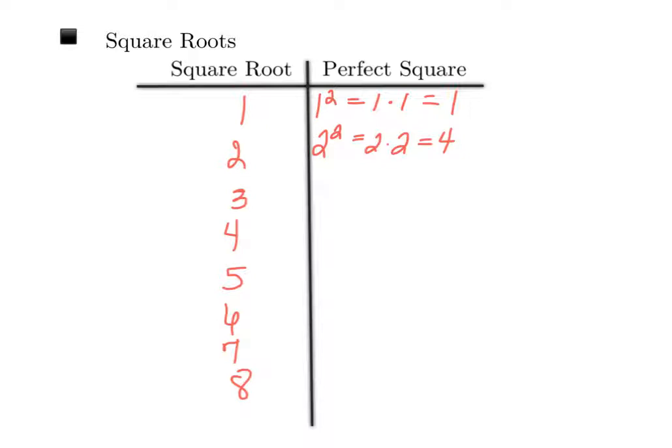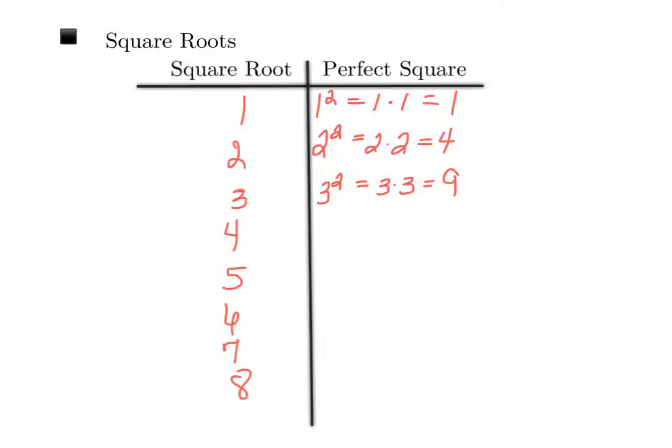For 3, I'm going to square it. So 3 squared, which means the base, or the big number, times itself. 3 times 3 is 9. So that means if I have a square root of 3, its perfect square is 9.